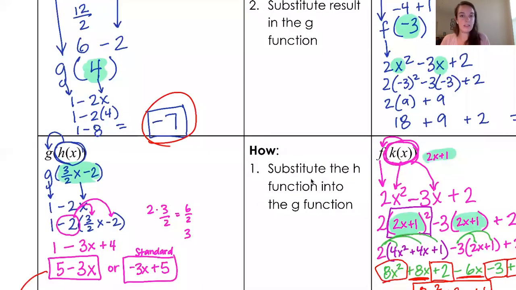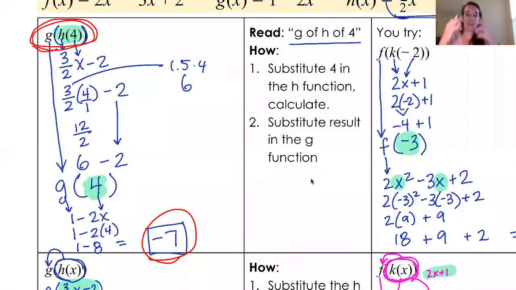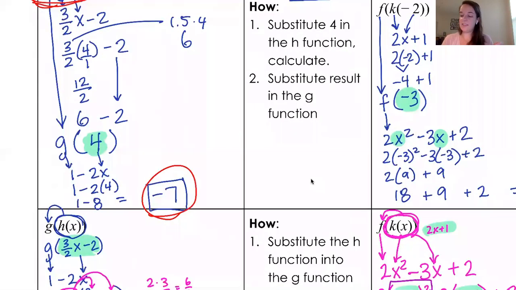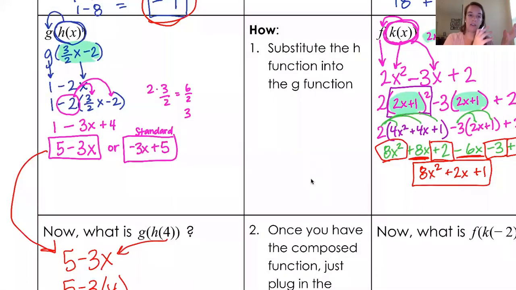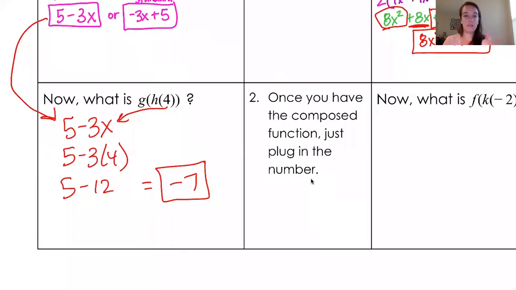It's not a coincidence. Those are the same because in this method we plugged 4 into H and then H into G, and in this method we plugged H into G and then we plugged 4 into that composed version. Right? So super satisfying. We have two different methods that give us the same result.